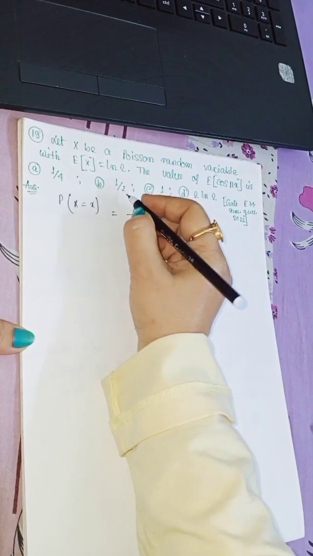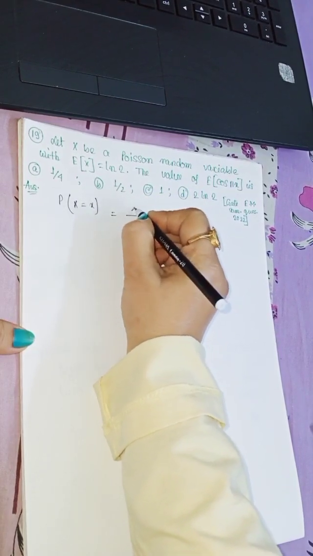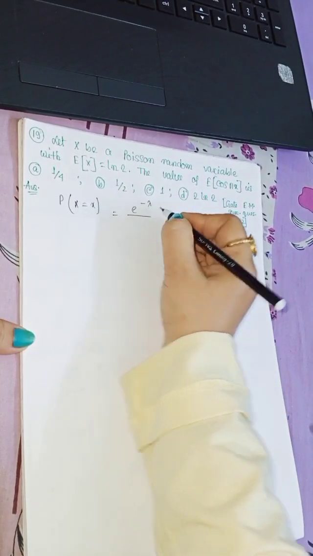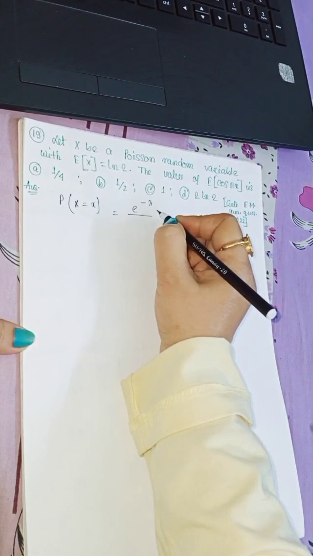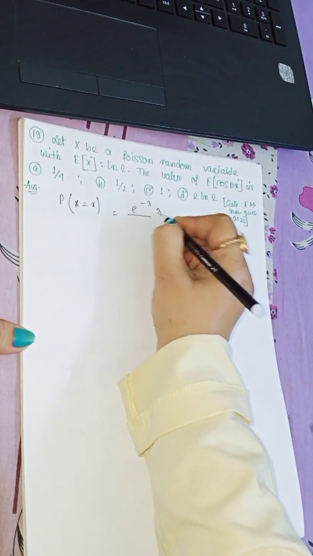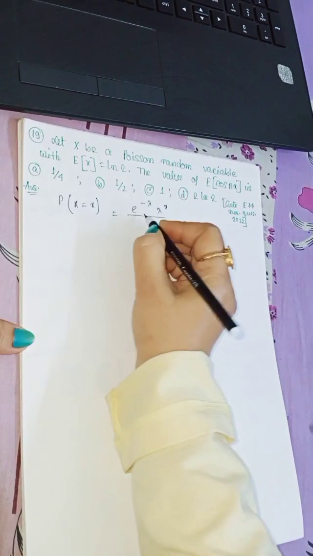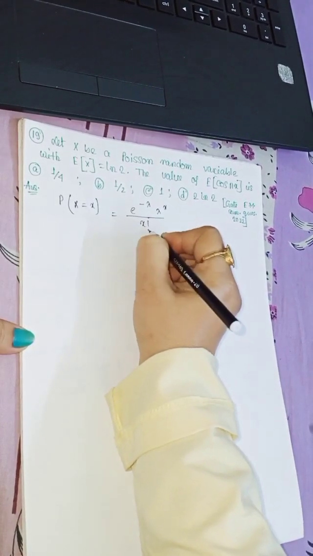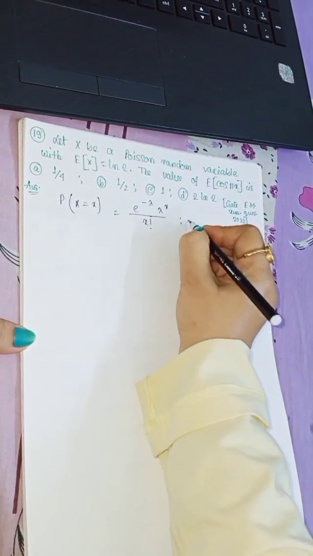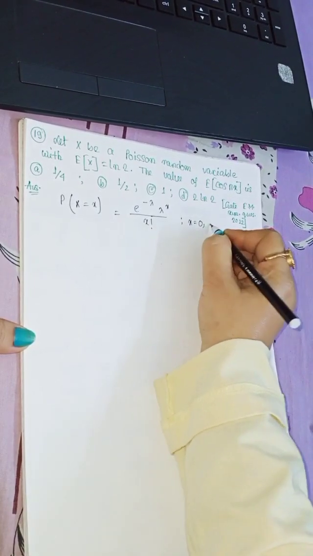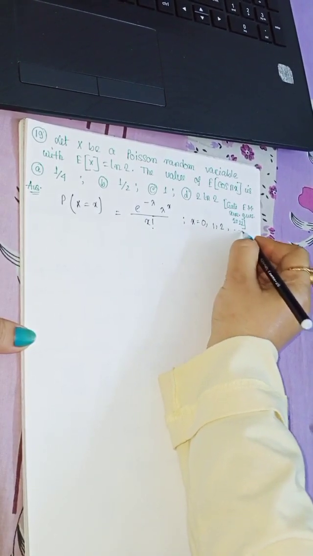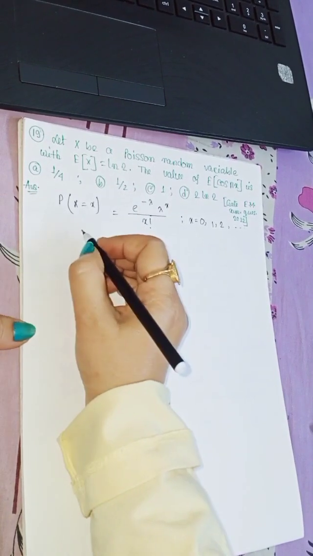Okay, so now we can write this is equal to e to the power minus lambda into lambda to the power x, and the denominator is factorial x, where x equals 0, 1, 2, and so on.